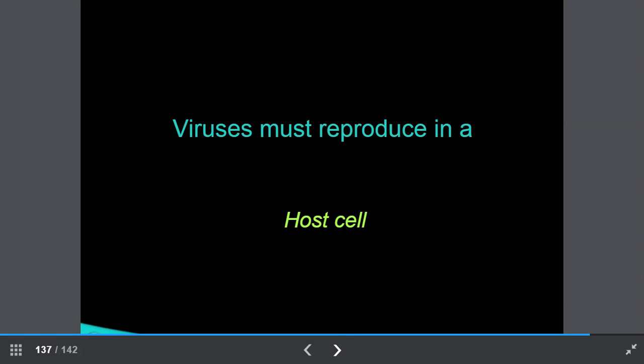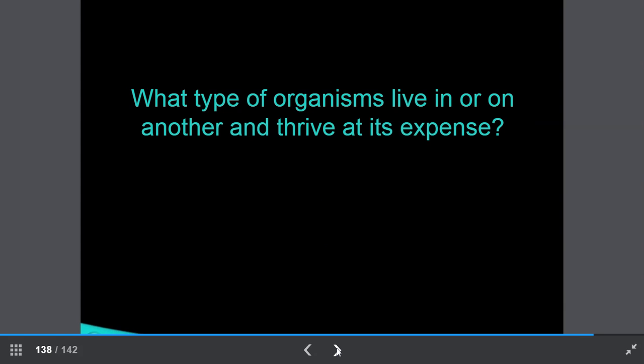They replicate their DNA and RNA and overpopulate the host cell, causing reactions from the immune system of the host. What type of organisms live in or on another and thrive at its expense? That would be a parasite. Remember, the parasite benefits, but the host is harmed.